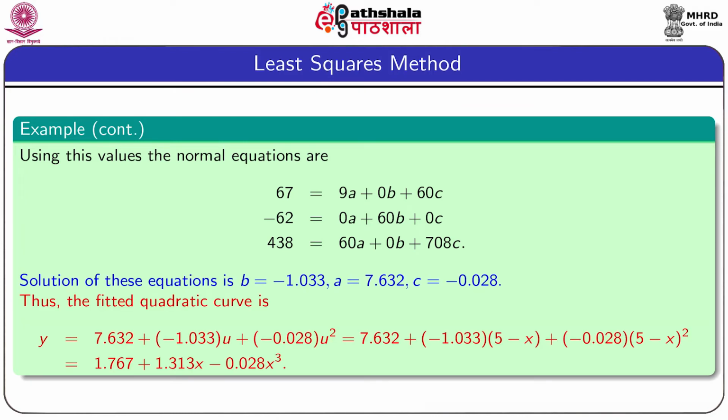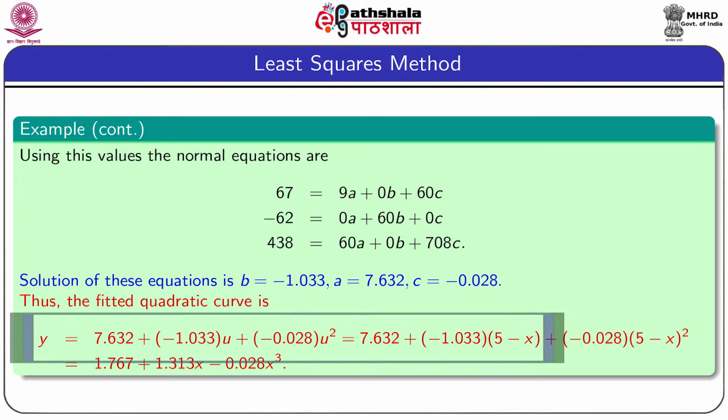Now solving these equations, we get b = −1.033, a = 7.632, c = −0.028. Thus, the fitted quadratic curve is y = 7.632 − 1.033u − 0.028u², where 7.632 is the value of a.